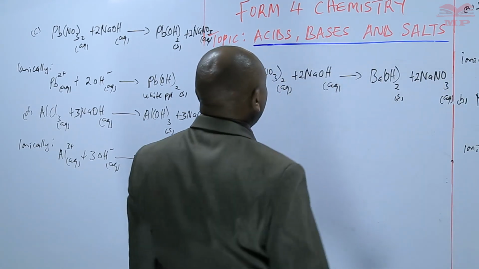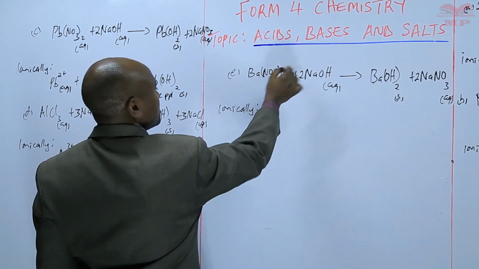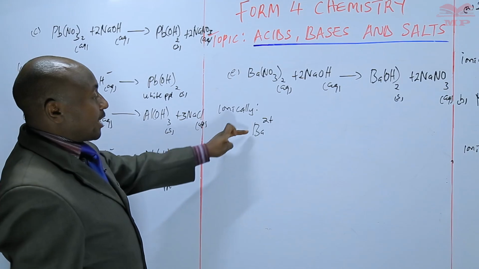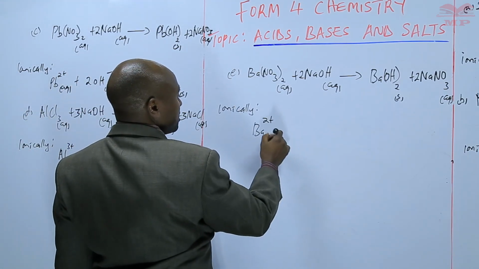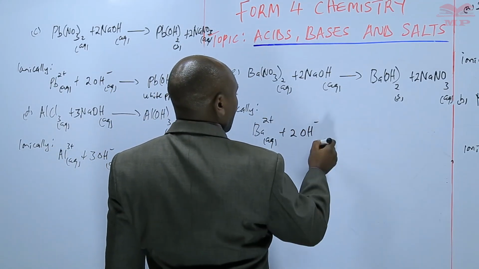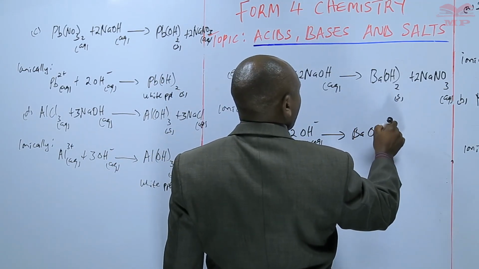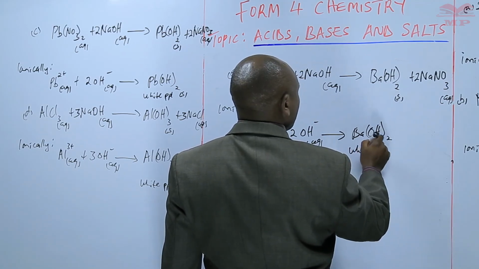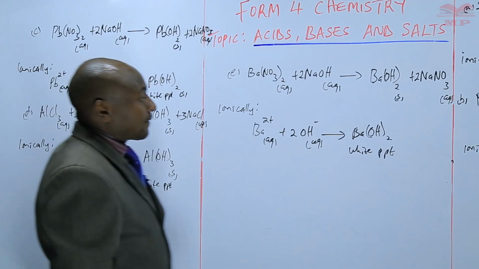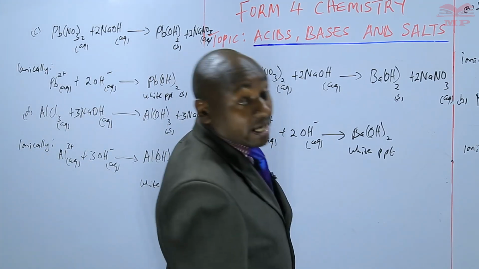We balance the sodium. Ionically, these are the barium ions. Ions must have a charge all the time when you are writing the ionic equation. Barium ions are positively charged, 2 positive. Hydroxide ions, there are 2, negatively charged. When they combine, they form barium hydroxide, which is again a white precipitate. So all those equations that we have seen are forming a white precipitate.